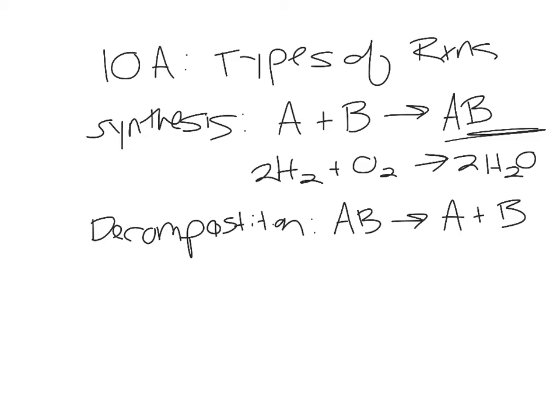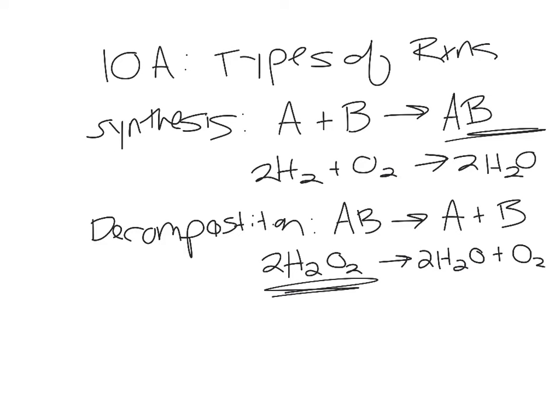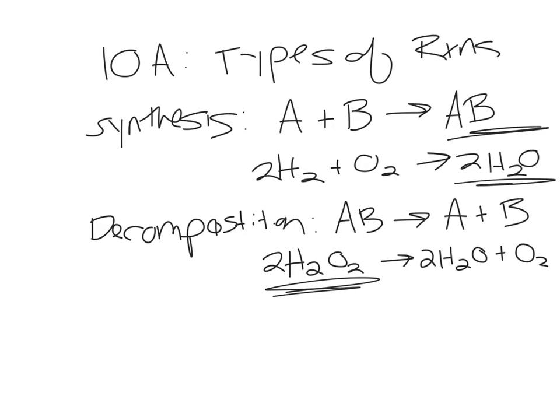It could be 3, it could even be 4. So if we look at the decomposition of hydrogen peroxide, for example, H2O2 goes into water and oxygen gas, okay? That's decomposition. You'll notice there's only one reactant versus synthesis that has only one product, okay?